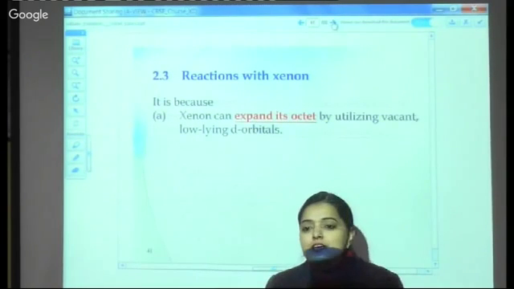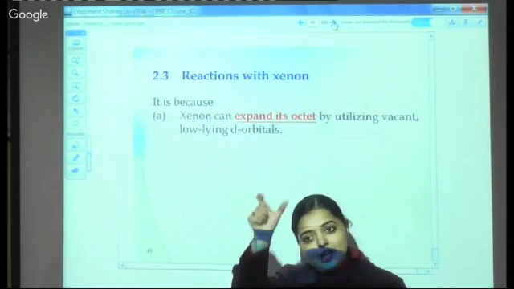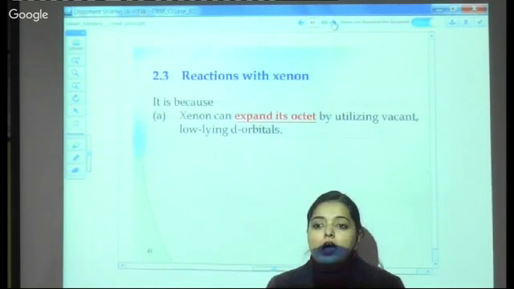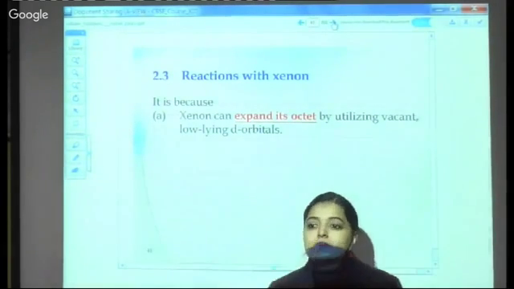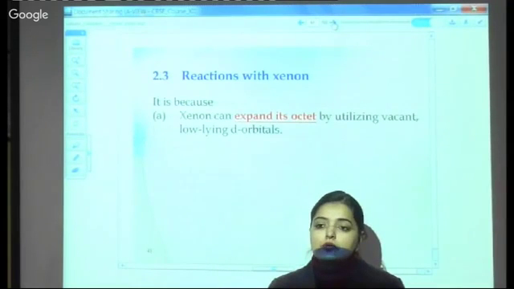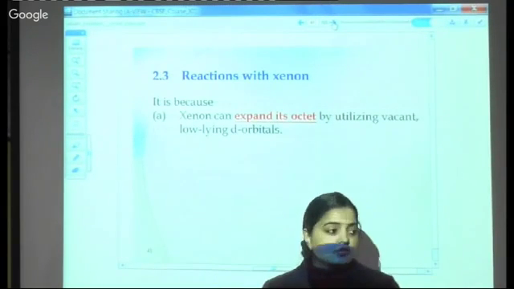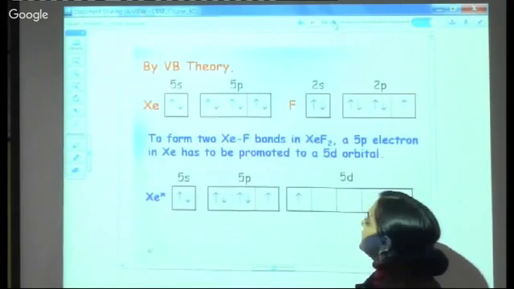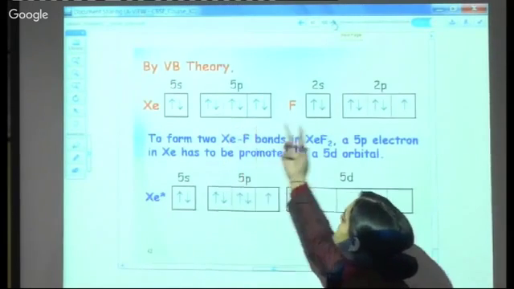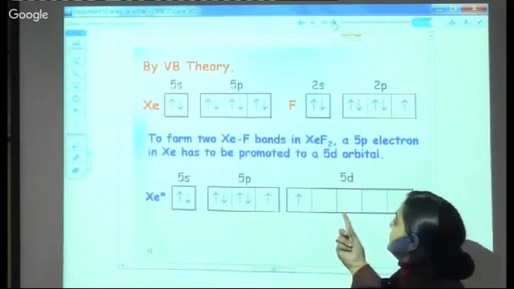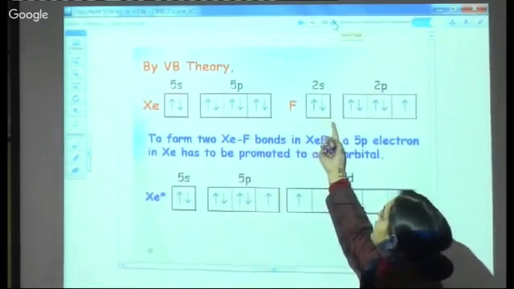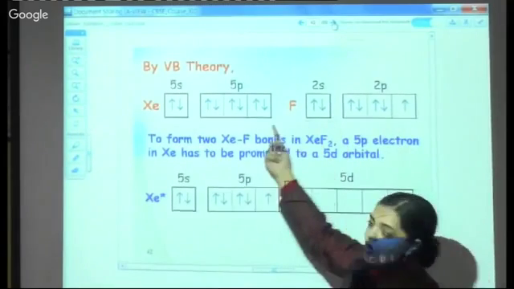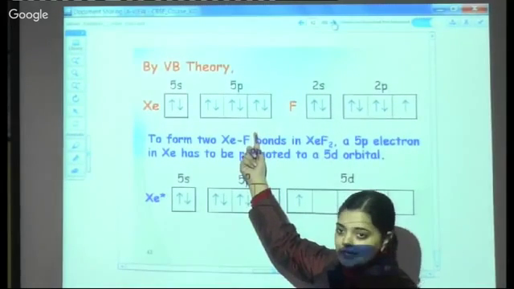Halogens being reactive, the reactivity reduces down the group, and noble gases being inert, the inertness reduces down the group. Xenon comes very far down, so the inertness reduces to an extent, and xenon has vacant d orbitals. This is the complete octet for xenon, and this is for fluorine, which is one electron short. The octet is complete for xenon, being an inert gas.